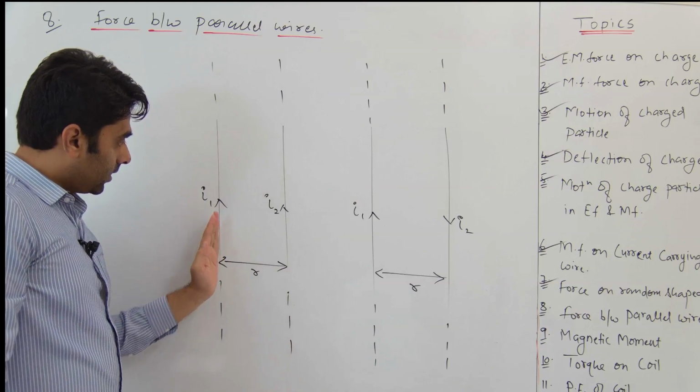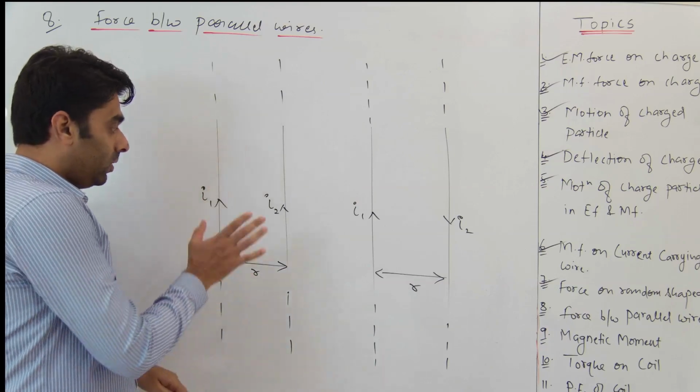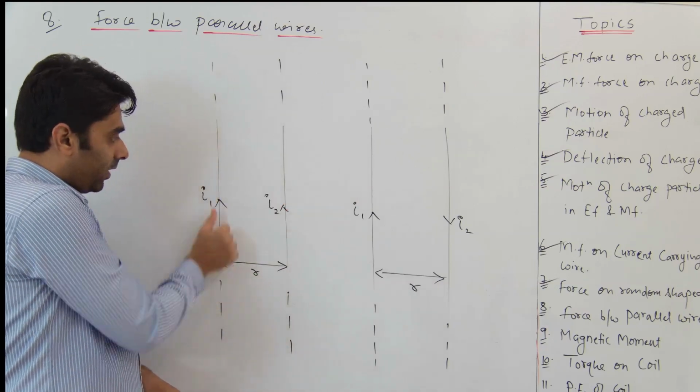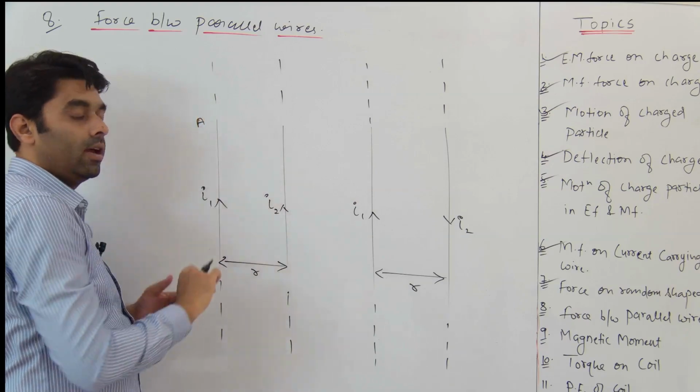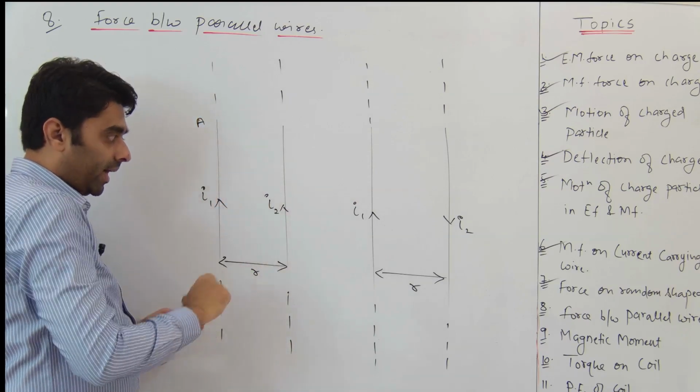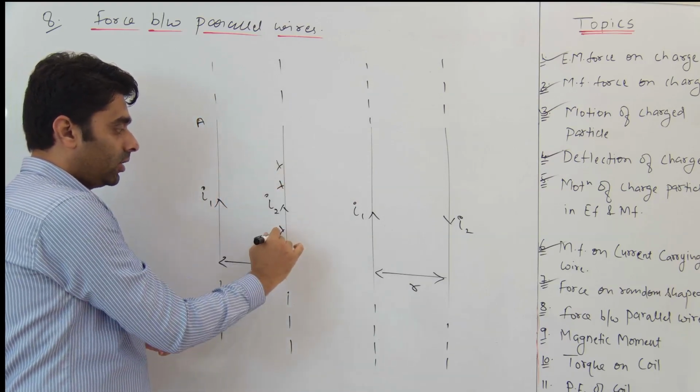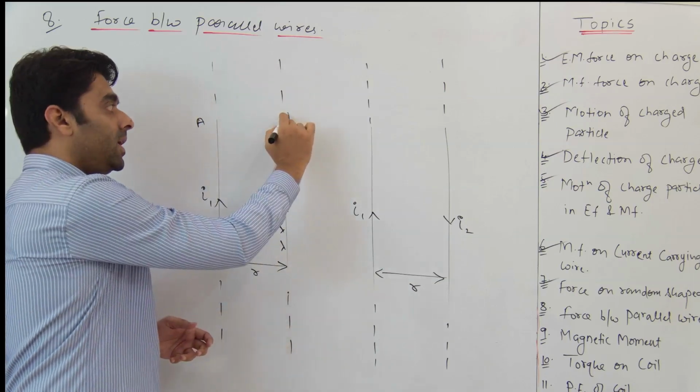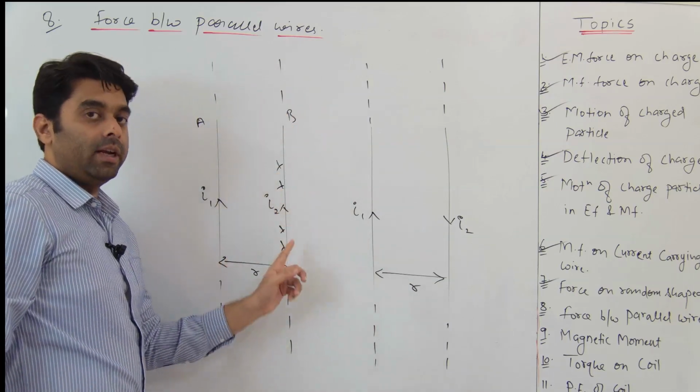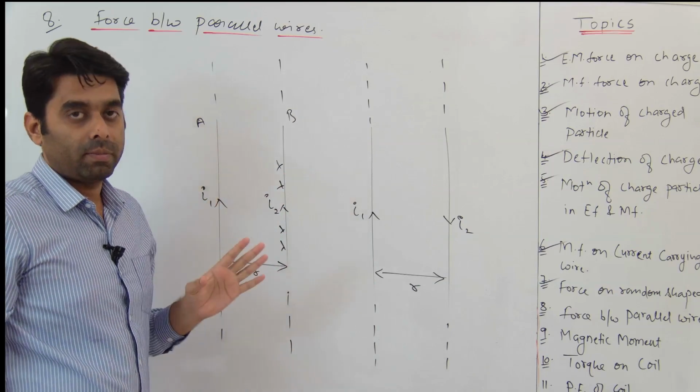As you can see, if current is flowing through this wire, it will produce a magnetic field. Let's say this is wire A. So wire A will be producing a magnetic field in inward direction along the length of wire B. Due to this magnetic field, this current carrying wire will experience a magnetic force.